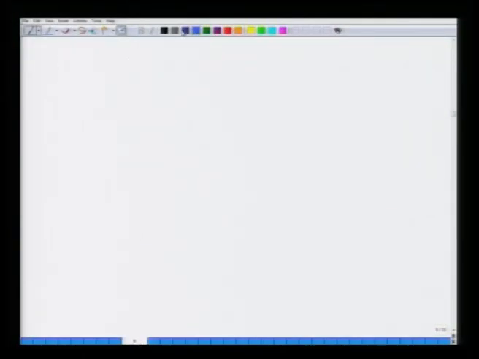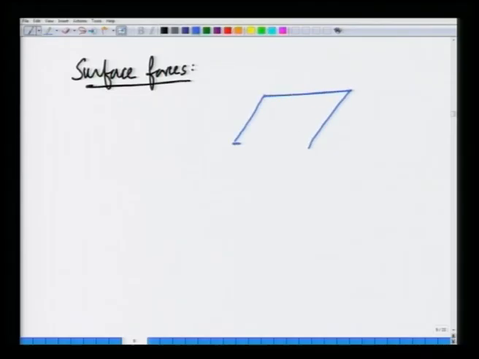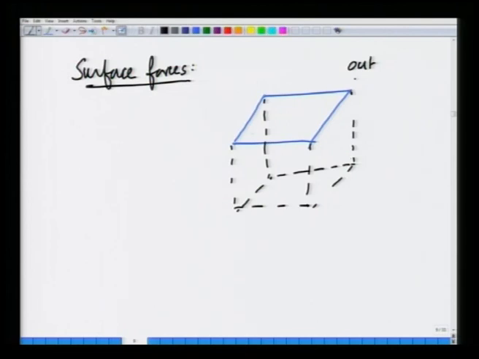So, let us discuss a little bit more about surface forces before going to static fluids. If I take a very simple surface element, there is fluid present outside. The surface element forms part of a volume element, which is the cubic volume element that we have chosen for simplicity. But let us consider one of the surfaces, namely the top surface.